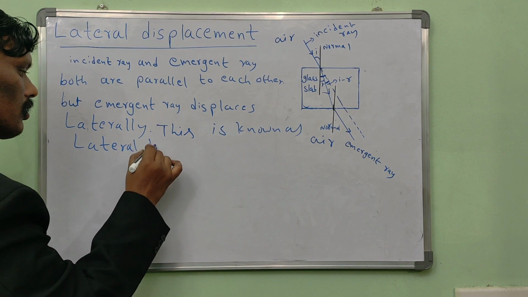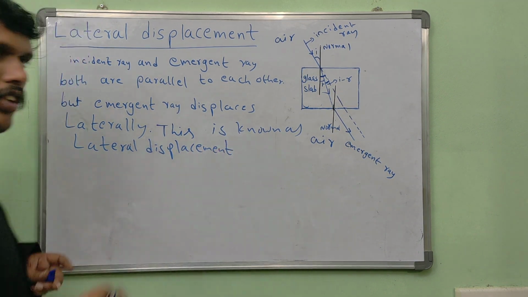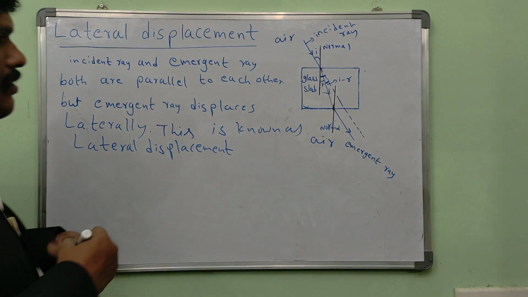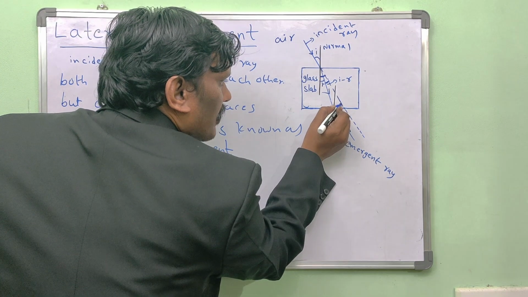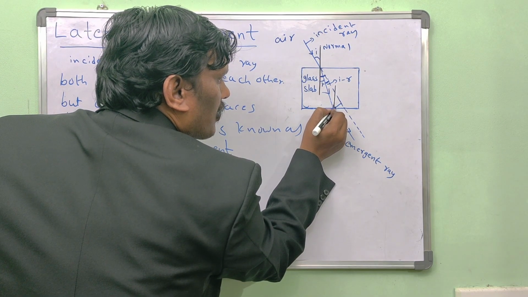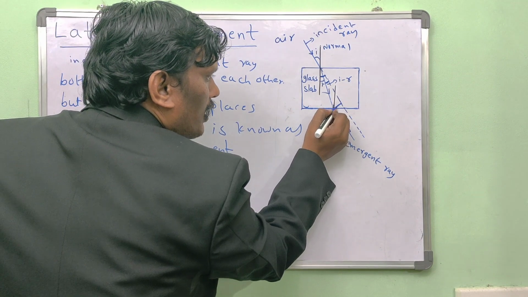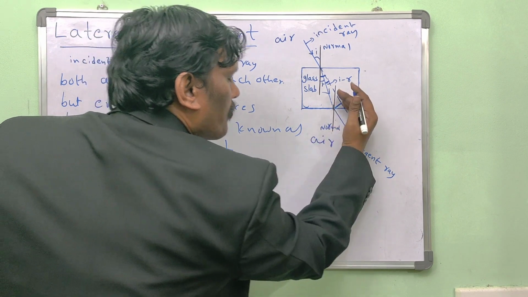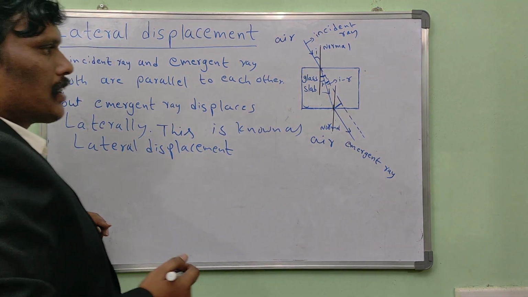This is known as lateral displacement. That means from the original path, how much it is displaced perpendicularly, that is called lateral displacement.